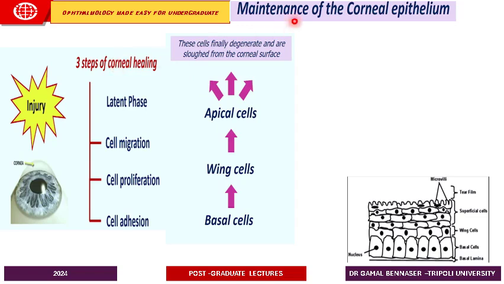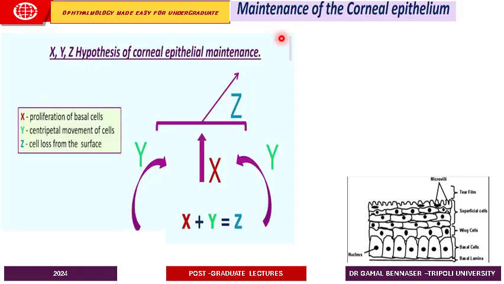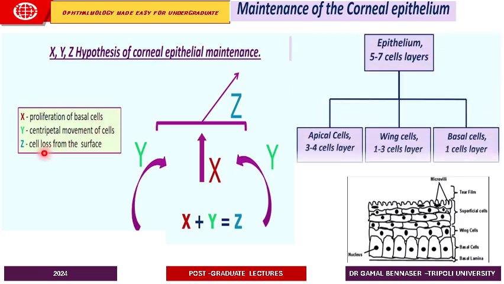corneal injury. And I would like to speak about the principle which is known as the XYZ hypothesis for corneal epithelial proliferation. X stands for the proliferation of the basal cells, Z refers to the shedding of the cells, or the cell loss from the surface, and Y refers to the centripetal movement of the cells.